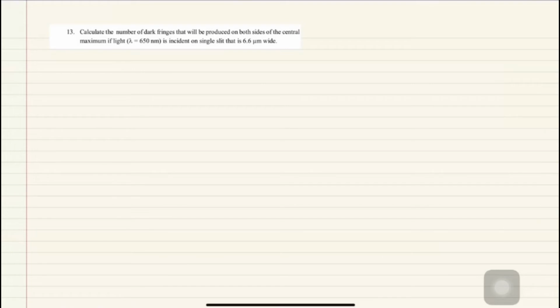So obviously you have to use the formula yang ada sin tu. And then a sin theta, this is the formula, is equals to n or n plus half. Sebab ini adalah dark fringe. So kalau dia bright fringe, dia adalah n plus half. Kalau dia dark, dia adalah n.